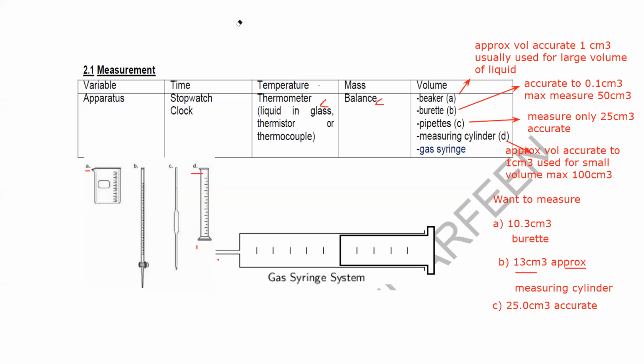In that case, we can use a pipette. A burette can also be used, but the most accurate one will be the pipette. Is it clear the condition in which we use these certain apparatus? Is it clear to everyone?